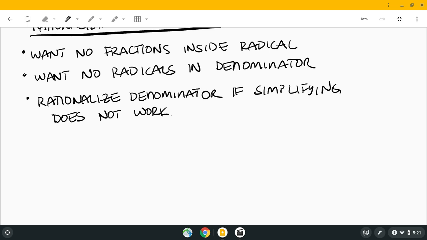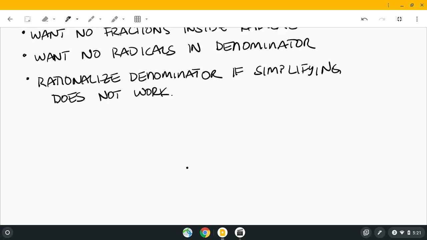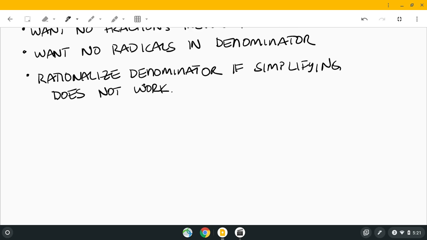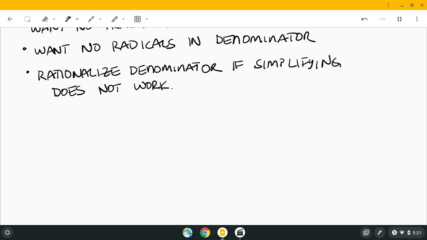Whereas if you just had 5 in the denominator, 5 is a rational number. So when we say we're going to rationalize the denominator, what you're doing is you're going to take the denominator and turn it into a rational number. Okay? All right, so let's take a look.